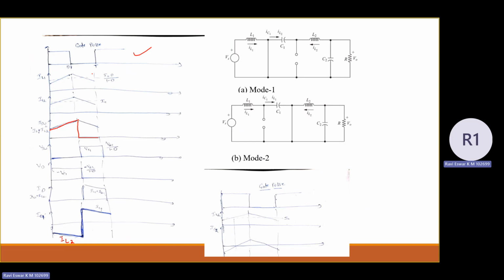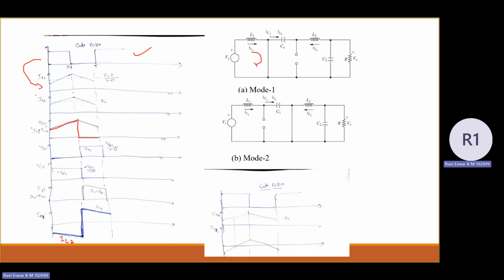When you provide the gate pulse to the main switch or prime switch, the inductors L1 and L2 are both in charging state. After drawing the gate pulse, mention the inductor currents, because the remaining element currents, whether diode current, switch current or capacitor current, follow the inductor current nature.